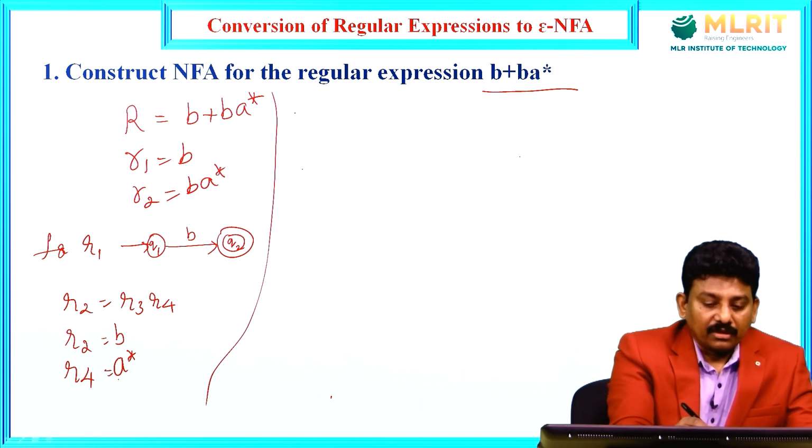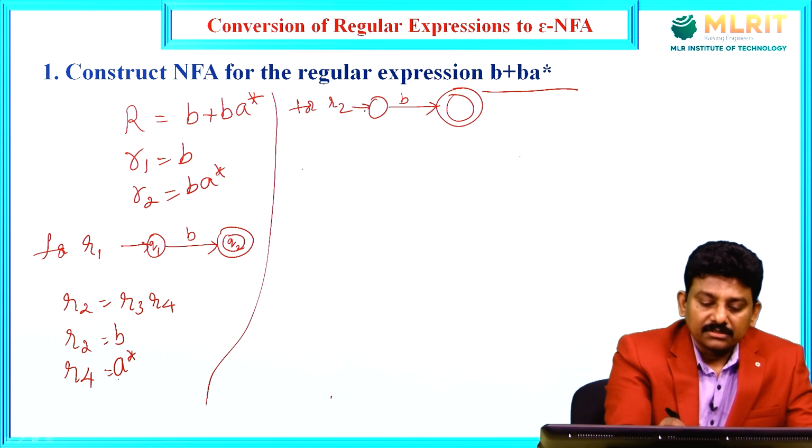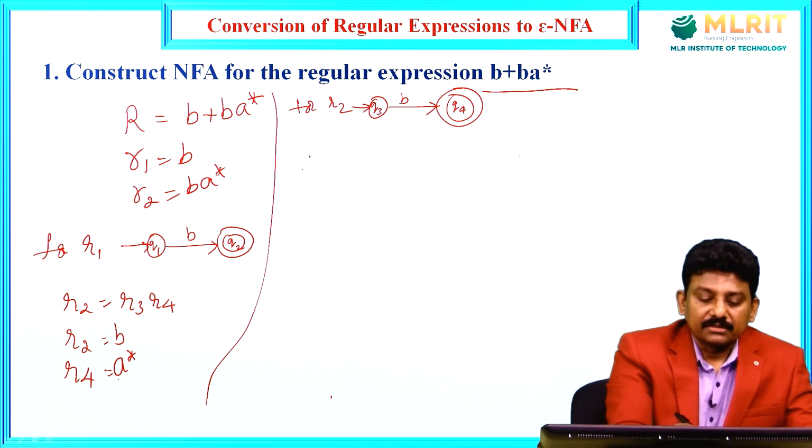So, for R3, the NFA with epsilon moves is: input is B, this is the initial state Q3, Q4, and Q4 is the final state.